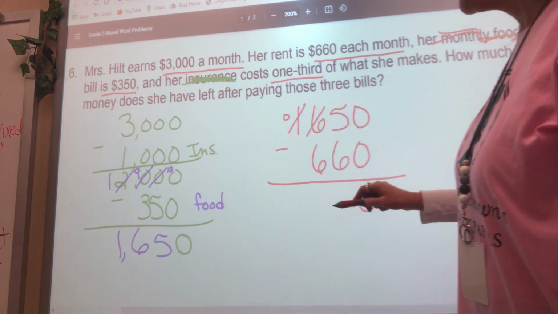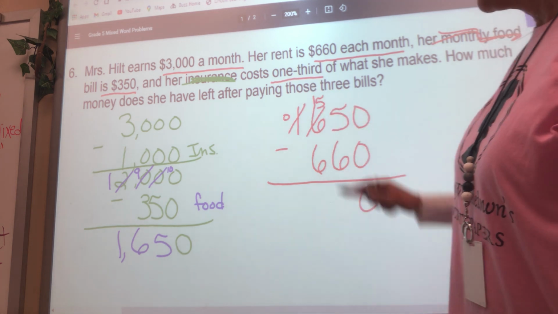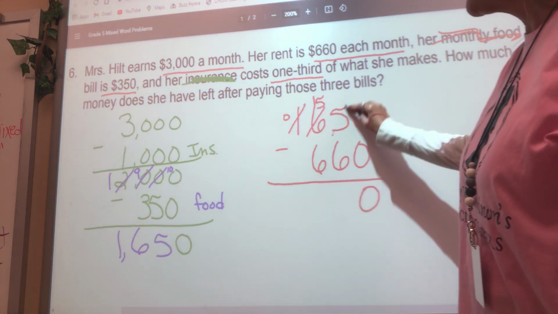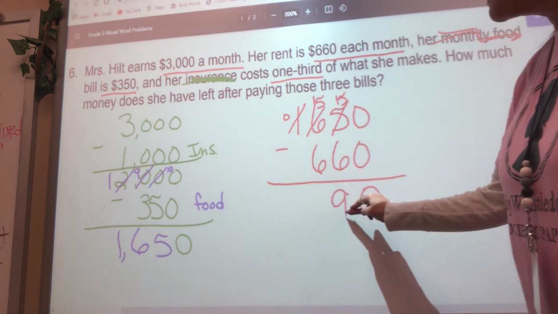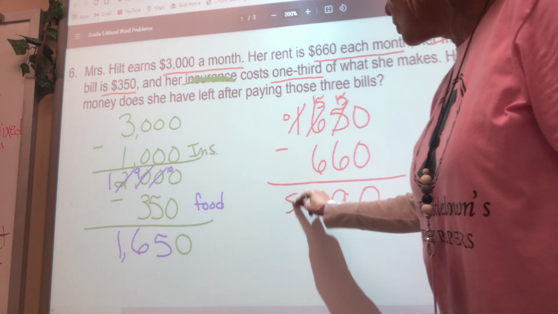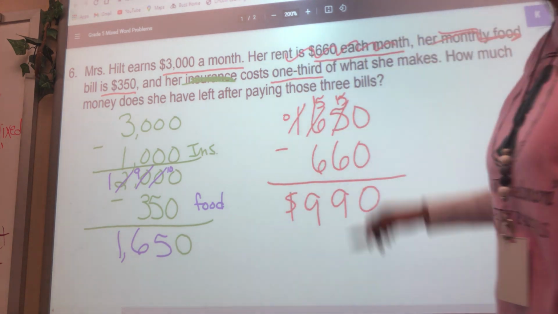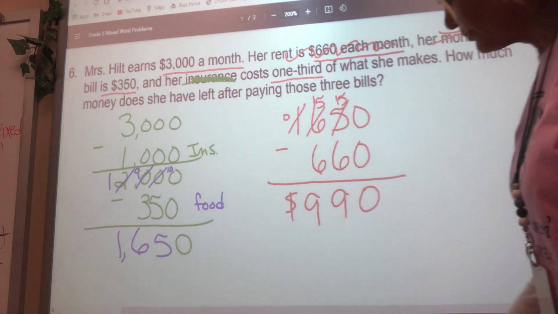So now this will be a 0. He had already promised them some, so it'll be 15 instead of 16. All right, 15 minus 6 is 9, and 15 minus 6 is 9. So now we've taken care of her rent. So after she pays all of her bills, she has $990 left for the month.